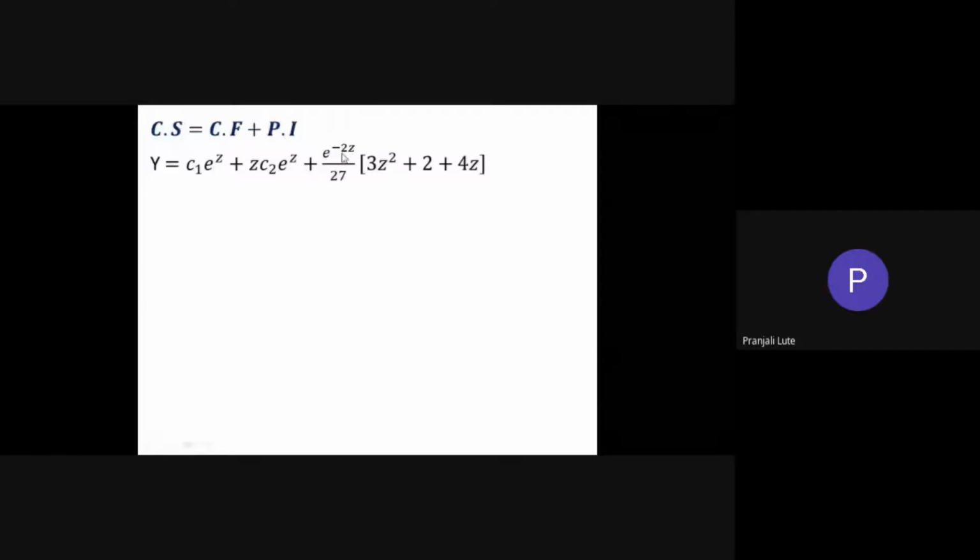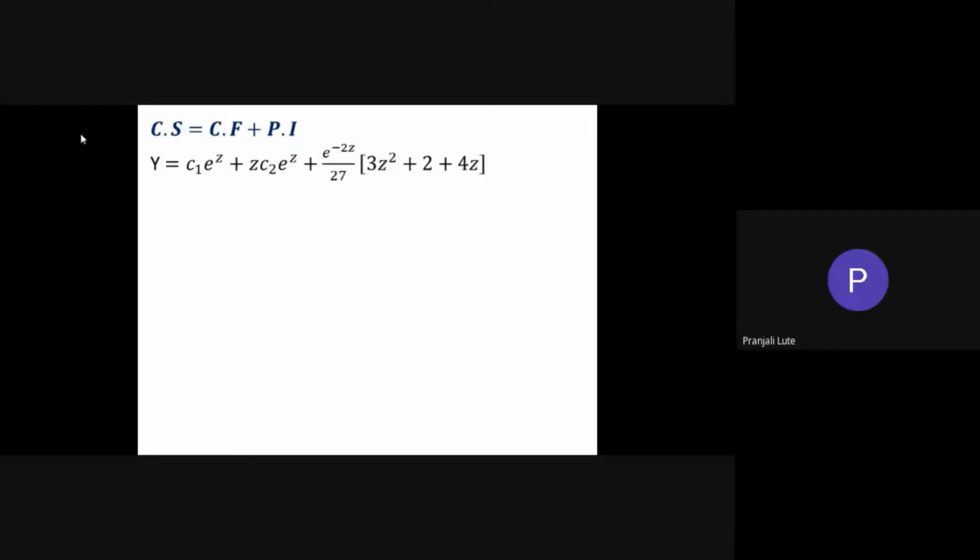But when we started solution of that given differential equation, we used substitution x equal to e to the power z. Why we use substitution x equals to e to the power z? For making the differential equation with variable coefficient into differential equation with constant coefficient. इसलिए हमने substitution use किया था x equal to e to the power z.